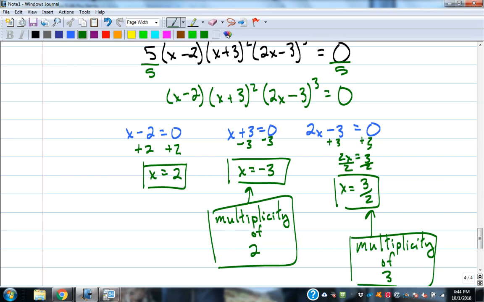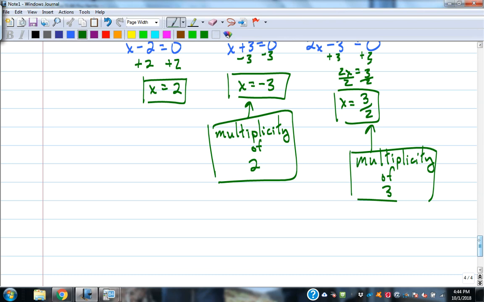So when we look at that, this one counts 3 times, this one counts 2 times. That's 5 together. How many times does that one count? Once. That's a total of 6, right? What was the degree of the polynomial? 6. The number of zeros you have matches the degree. Always. Okay? Number of zeros matches the degree.